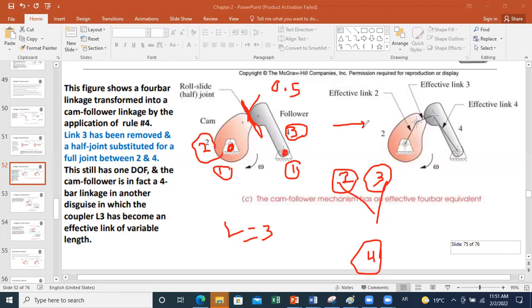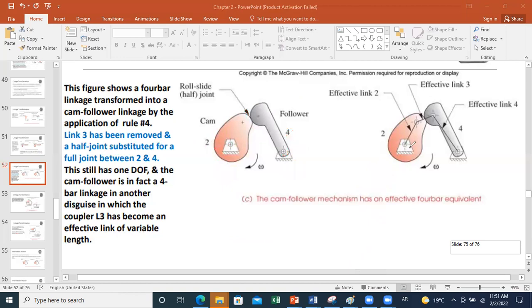Here we can consider that having the cam and follower is similar to having 4 links connected to each other. Why? Because if I consider a certain line of my cam and another line of my follower, and I follow these lines, I can consider at each instant that these lines are connected through certain points because of the line of contact between the cam and follower.